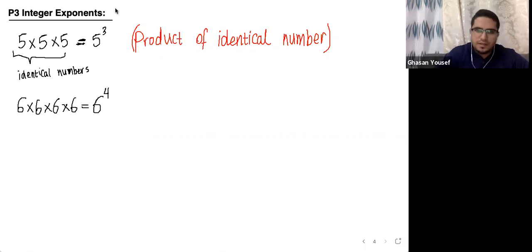Okay, so in general, I can make this a general formula.